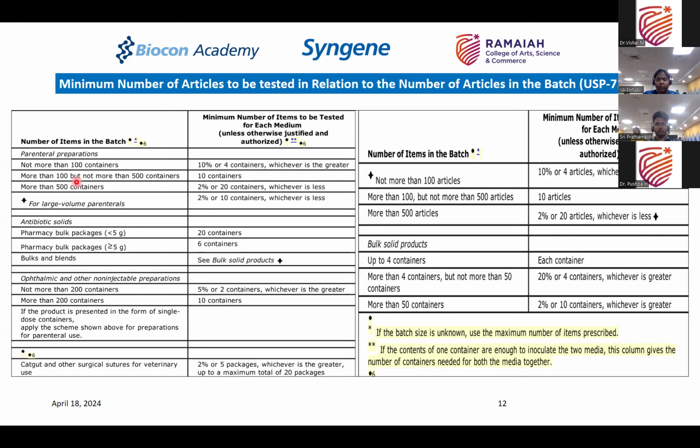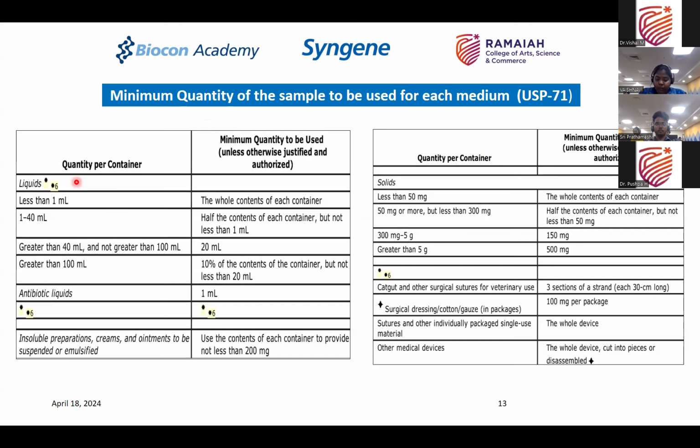One thing we studied was the number of samples which we have to collect in that bulk or in that particular batch, this many items or this percentage of items, and how much quantity: if it is liquid, how many ml we have to use, if it is solid, how many grams. That we have studied in this particular slide. This is also according to USP 71.